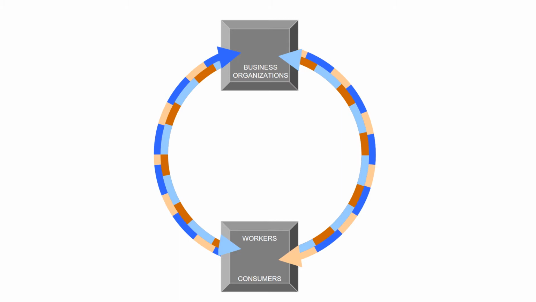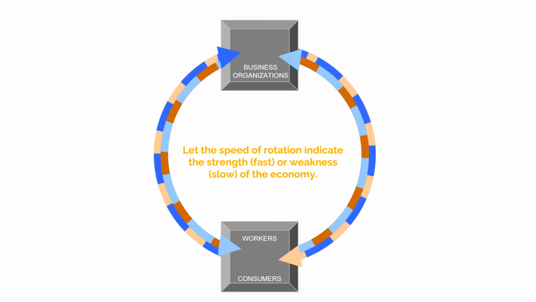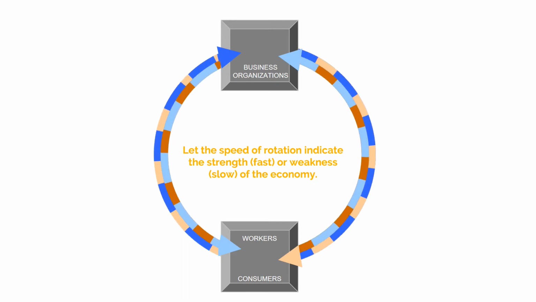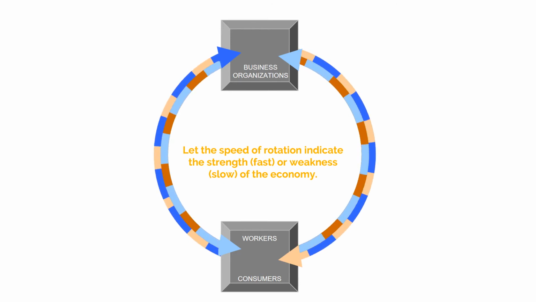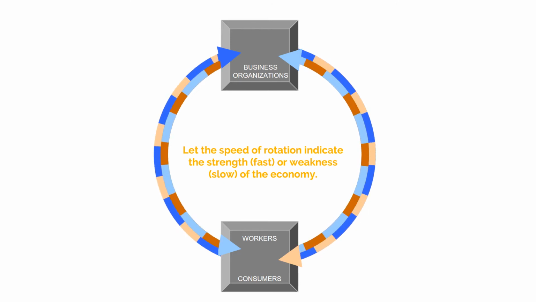Garrison showcases in his famous slides on the circular flow model this idea of the circular flow, but then puts animation to it. He says, let the speed of rotation indicate the strength or weakness of the economy. The faster is stronger. So if the economy is circulating money through in such a way where we have just an average number of exchanges, sure, the workers work some, they get paid some, they buy some goods, and they get some goods and services.